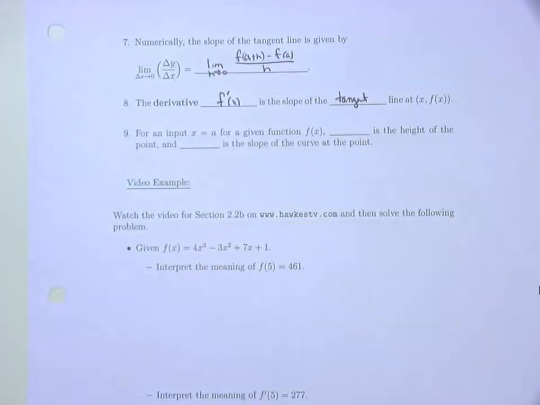For an input x equals a, for a given function f of x, blank is the height of the point, and blank is the slope of the curve at the point. Okay? We're trying to distinguish the two concepts here.